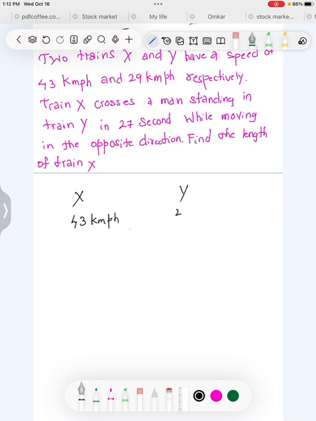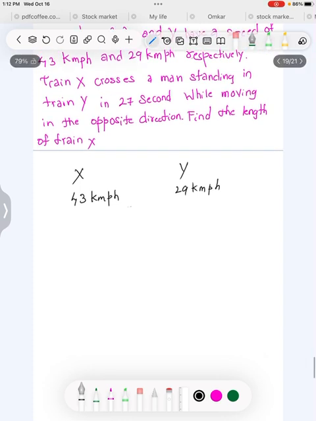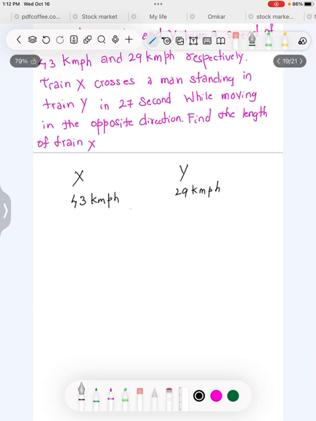Okay, train X crosses a man standing in train Y in 27 seconds. Okay, it crosses a man in Y who is standing in it, crosses it in 27 seconds, while moving in the opposite direction.